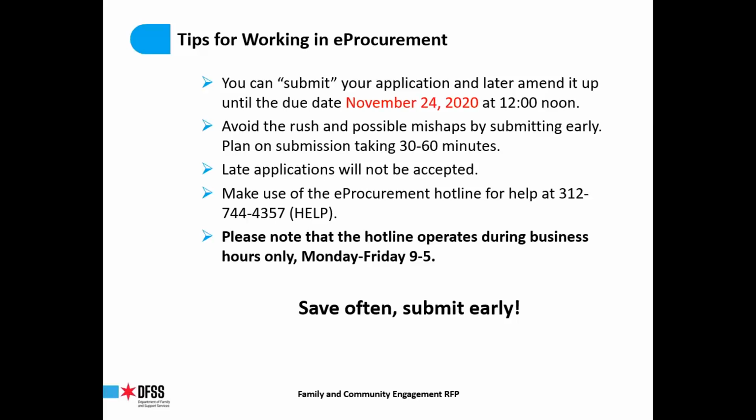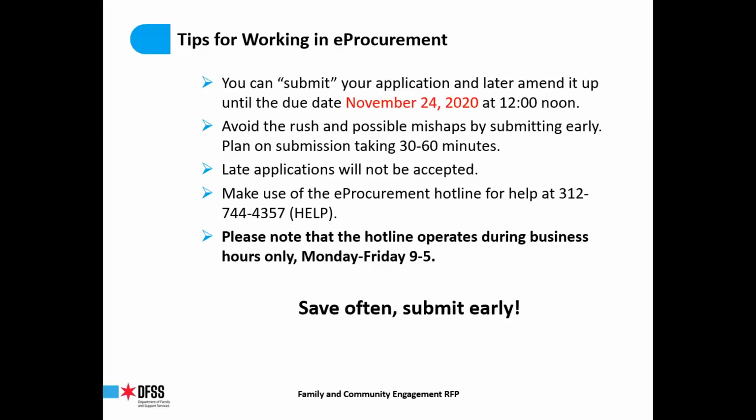You can call us if you have problems. For any programmatic questions about the scope, about what we're really looking for in terms of the qualifications of an applicant, or if you need clarifications on something about the RFP, I would call Beth.